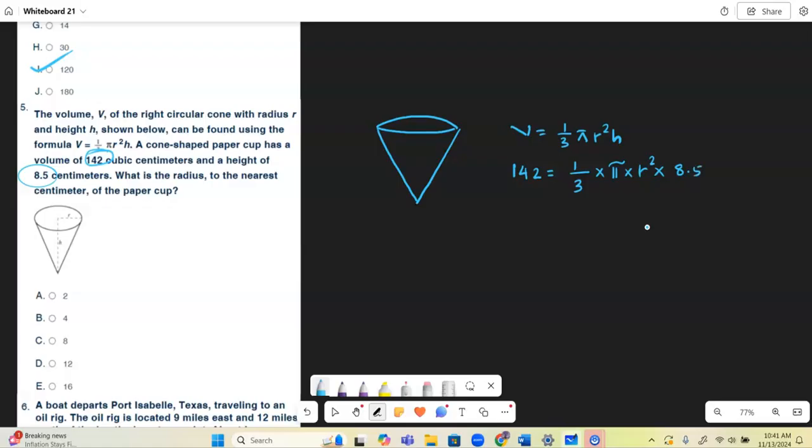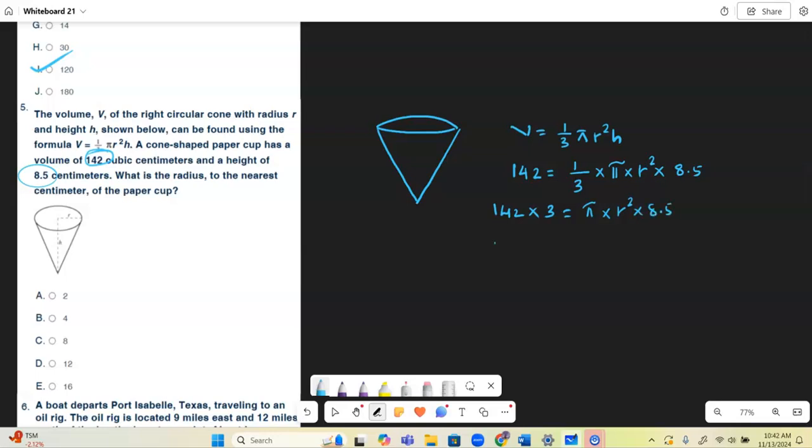And what is the radius to the nearest centimeter of the paper cup? So we are looking to isolate this r. Easy process, cross multiply this 3 with this 142. So simplifying, that is 142 times 3 equal to pi times r square times 8.5.